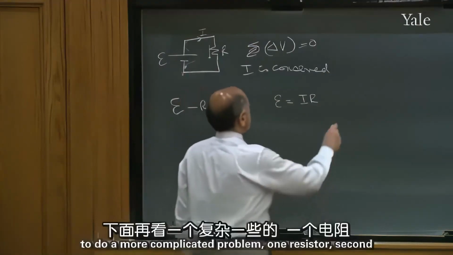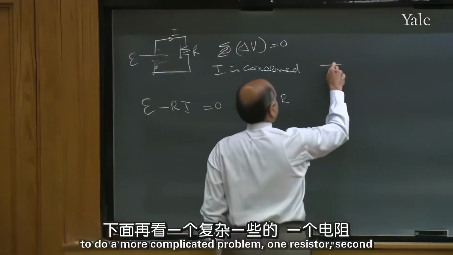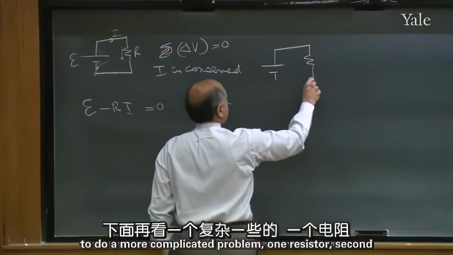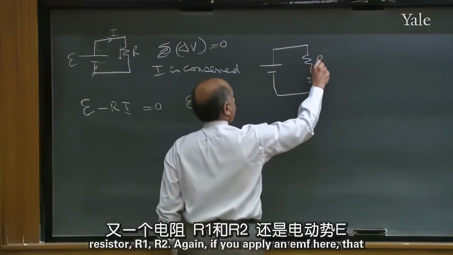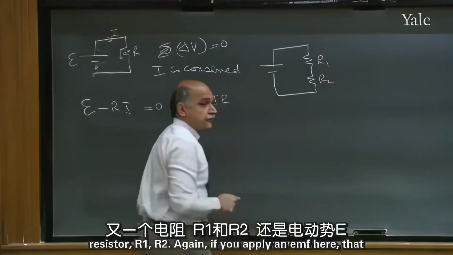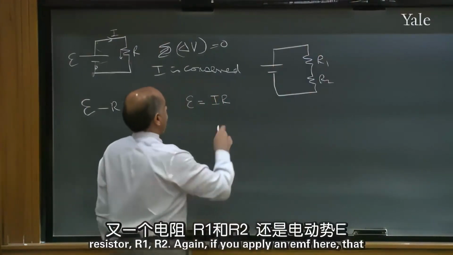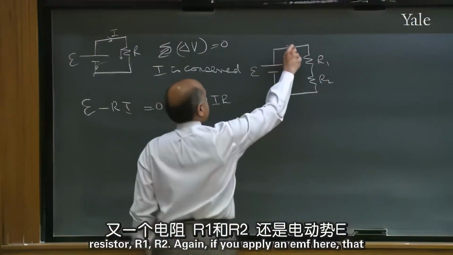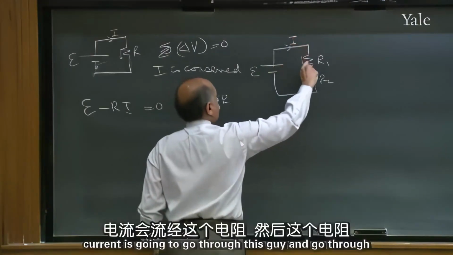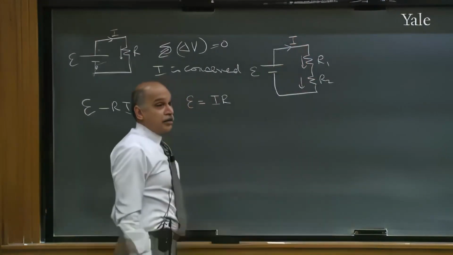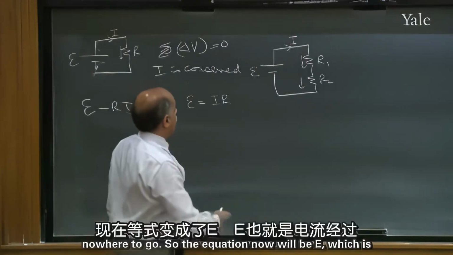Then we're going to do a more complicated problem. One resistor, second resistor, R1, R2. Again, if you apply an EMF here, that current is going to go through this guy and go through that guy, and it's the same current because there's nowhere to go.